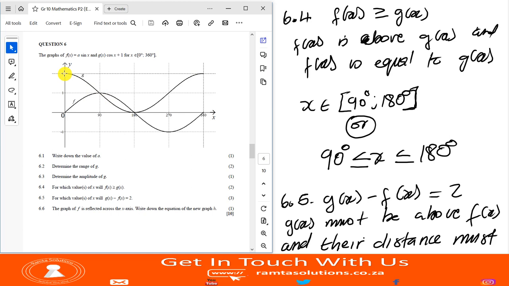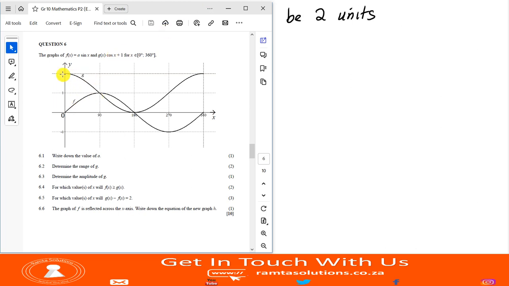Now, I also want you to see this. As you move from 0 degrees to 90, the distance between them is decreasing. So what does it mean? It means f of x is at 0, g of x is at 2. This is what we are looking for. So our answer is x is 0 degrees.